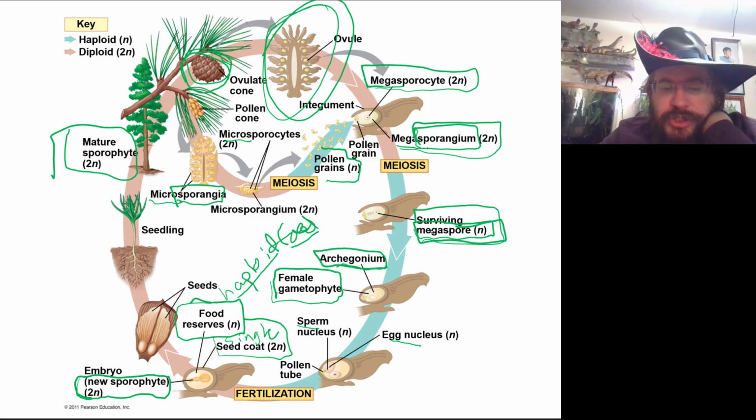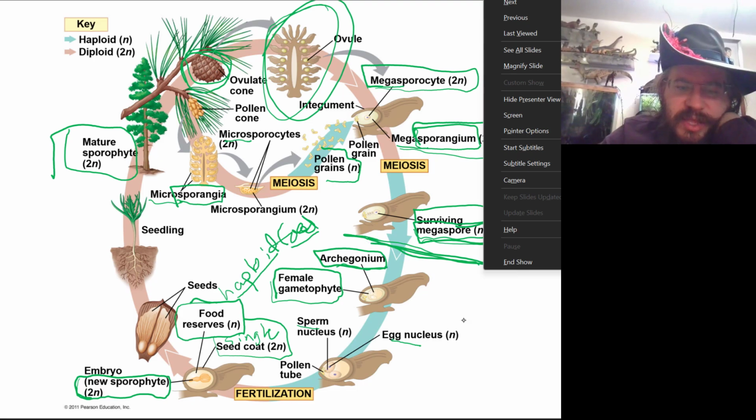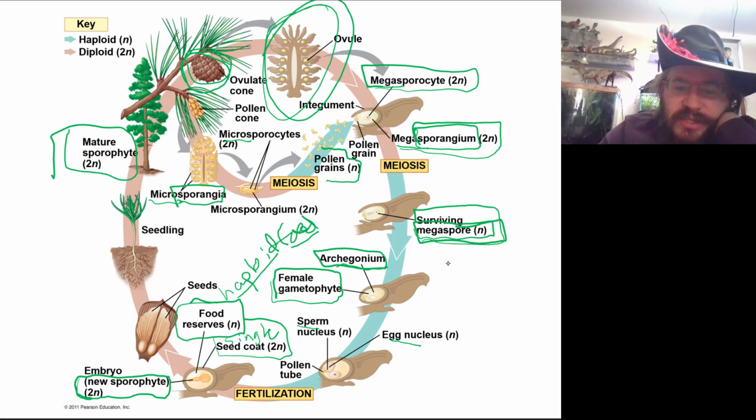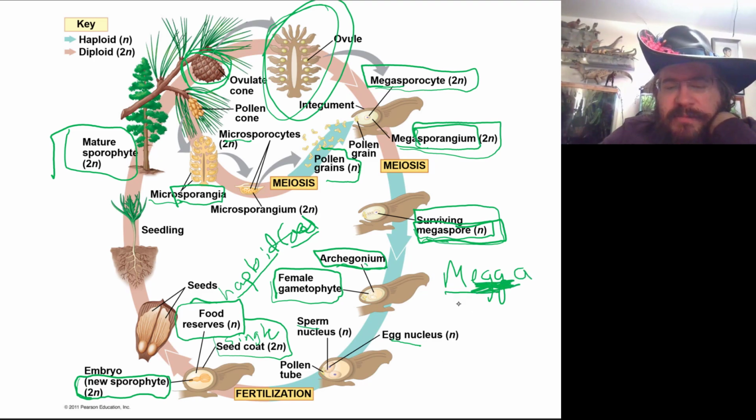The megaspore germinates and produces the gametophyte. So the gametophyte contains the archegonium, because mega, egg, meg. Yeah, I just thought of that. I'm a genius. Anyway.